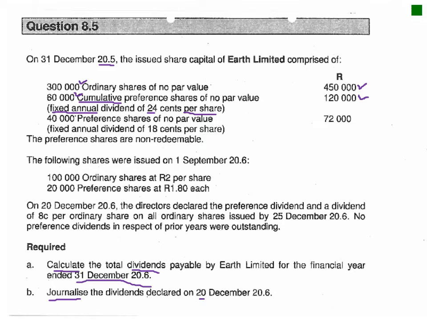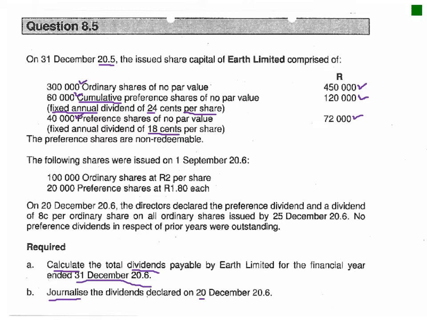The last type of shares they have is 40,000 ordinary preference shares of no par value that they issued for 72,000 Rand. These shares have a fixed annual dividend of 18 cents per share. So every share is going to get 18 cents as a dividend.